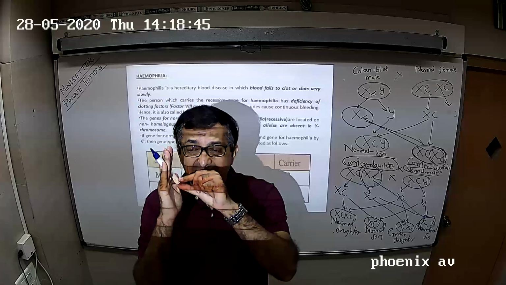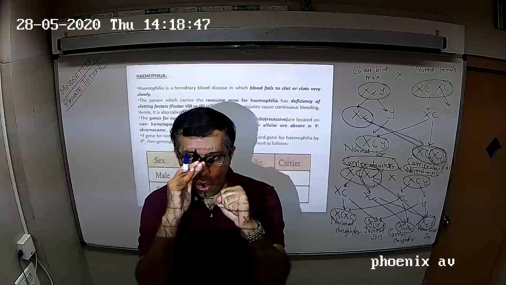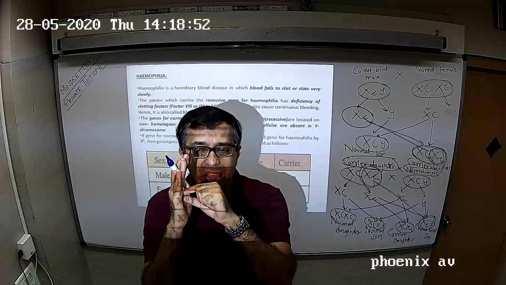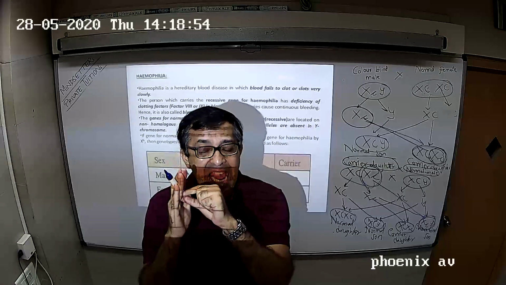Now, on the X chromosome, on the non-homologous region are found clotting factor 8 and clotting factor 9 का gene.